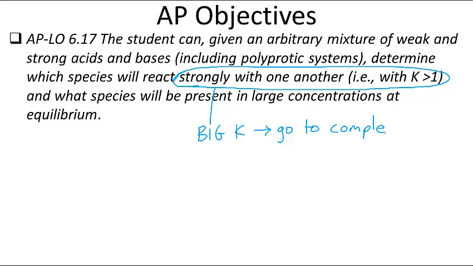So these are really the calculations we were practicing when we went through the titration, or when we talked about adding acid or base to the buffer solution. It's deciding what reacts with what, sending the reaction to completion, and then determining what's left in solution. That's what this objective is all about. So you'll practice it on the problem set. We practiced it a bunch today.